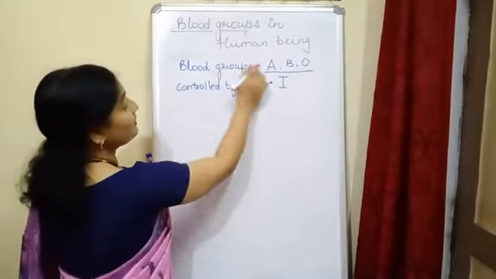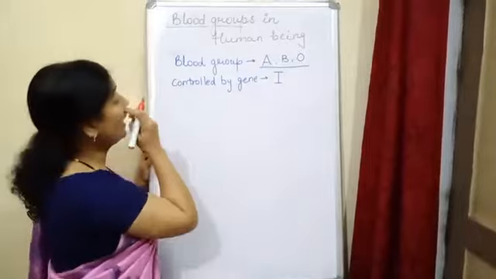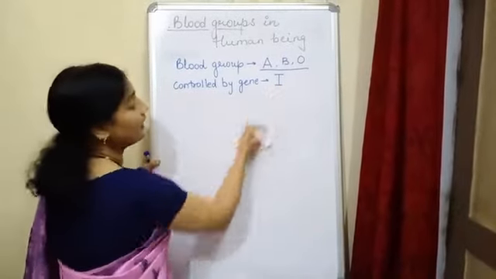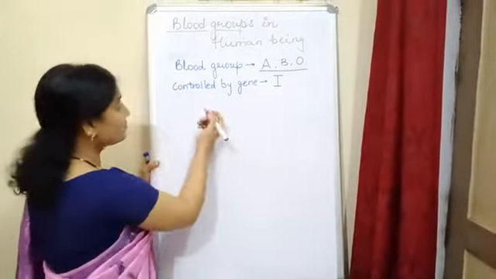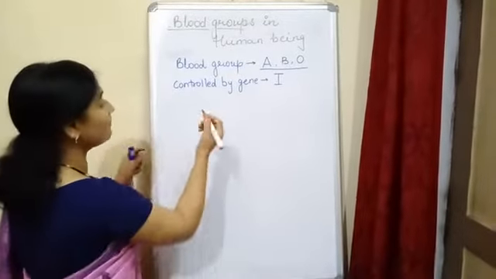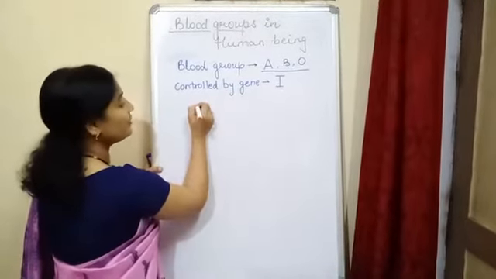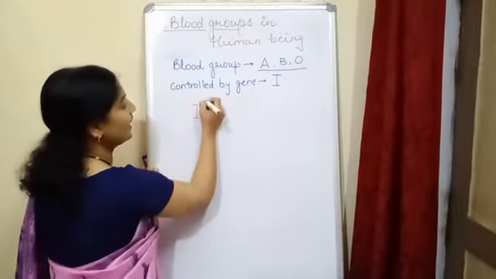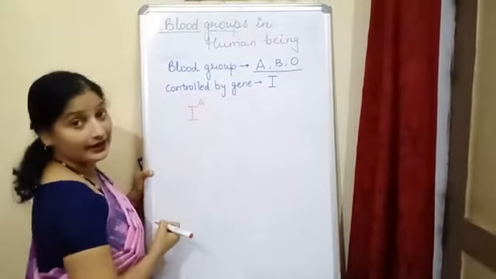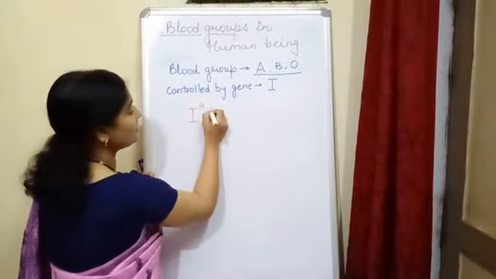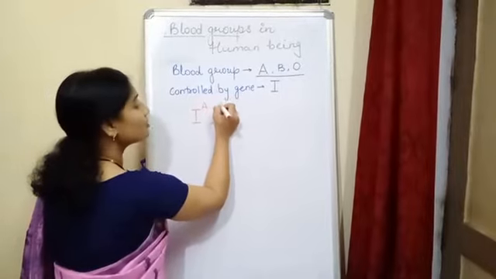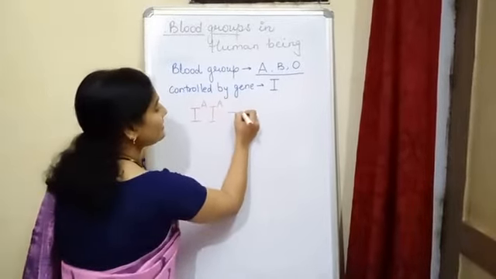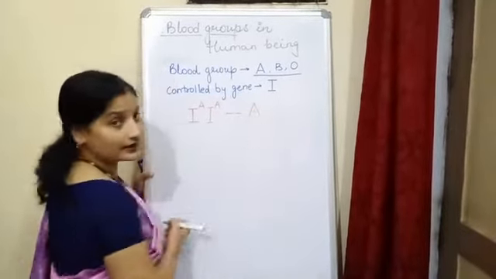And these different types of blood groups are controlled by the gene I. That's why if a person has blood group A, then what do we write? We write I and then A, because genes are always in pairs. So we will write this as blood group A.